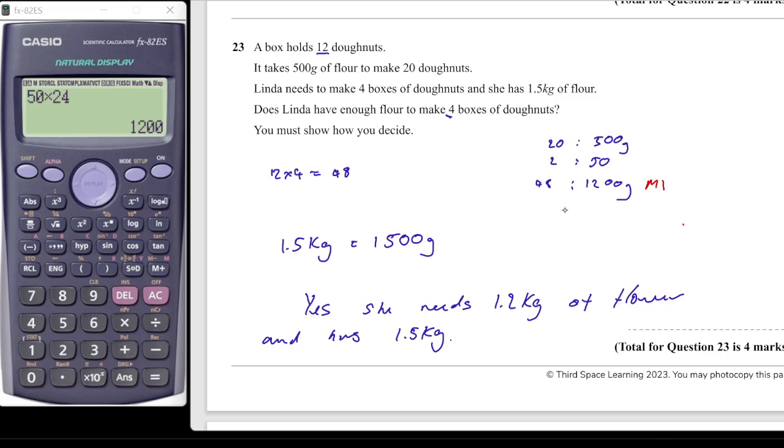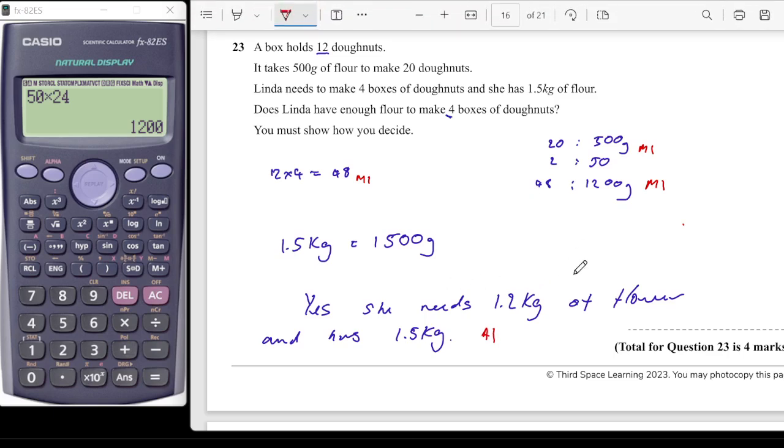So I've actually gone a bit further than I needed there. We'll go M1 there, M1 there. Right, that makes sense. So it was an M1 for suggesting 48, an M1 for using proportion, and A1 for correct statement following correct working. So that's my 4 marks.